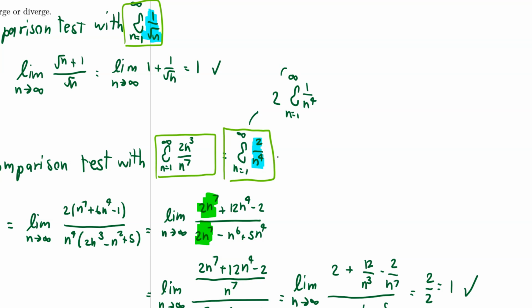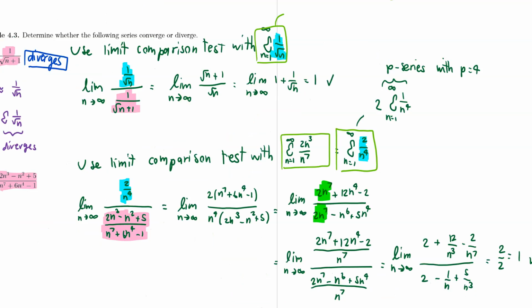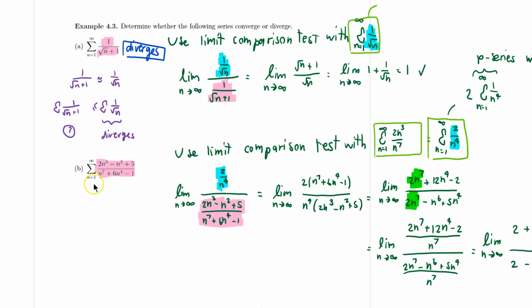And now this is a p-series with p equal to 4. We know that a p-series with p equal to 4 converges, and multiplying by a constant 2 doesn't change that fact. So this converges. So that means the original series that we have is also going to converge.